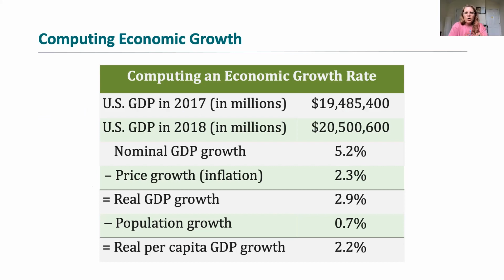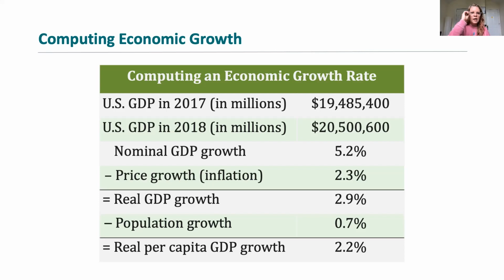So if we start with nominal GDP and we compute growth in nominal GDP, then we know that because that GDP is nominal, it's not taking into account inflation. So if we take into account price growth or inflation, then we can get real GDP growth.